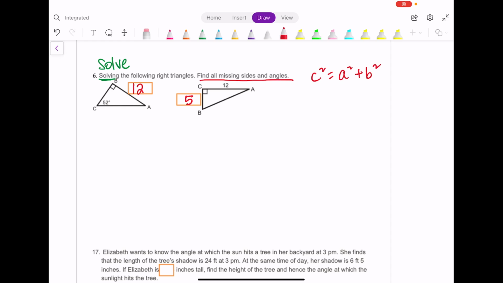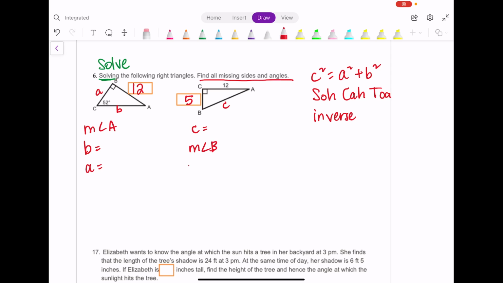You can use SOHCAHTOA. You can use inverse functions to find angles, but you need to find the measure of angle A here. You need to find side little b and side little a. On this one, you need to find side C, measure of angle B, measure of angle A.